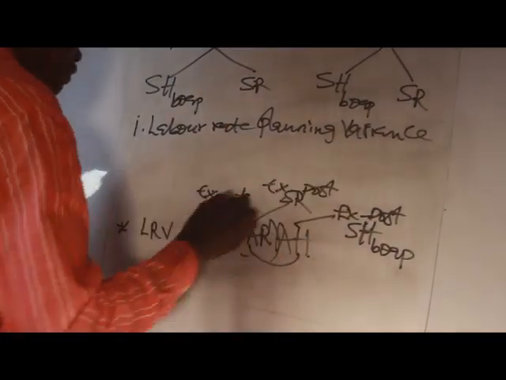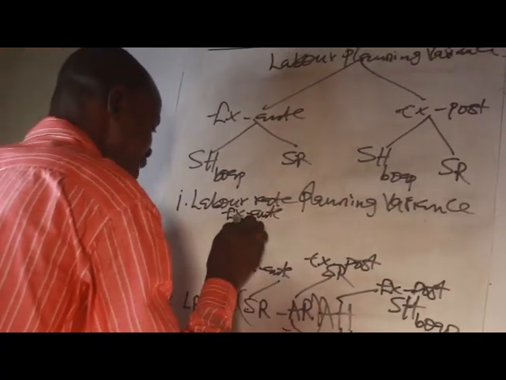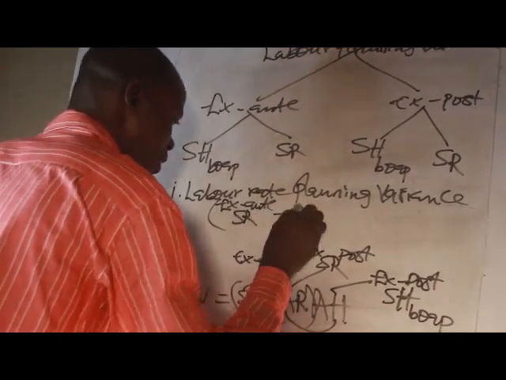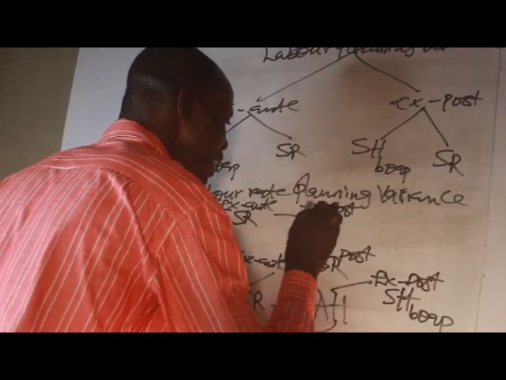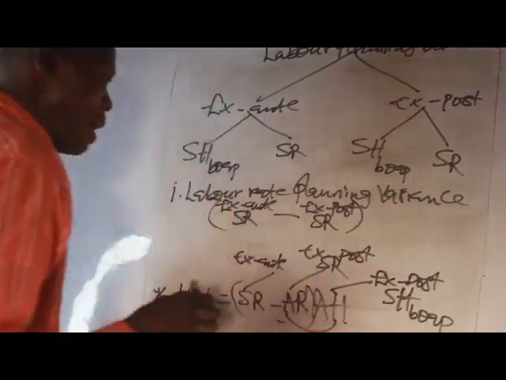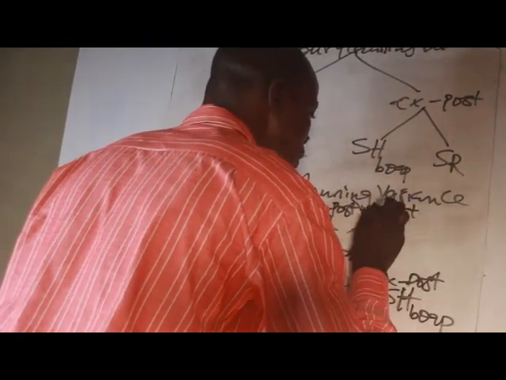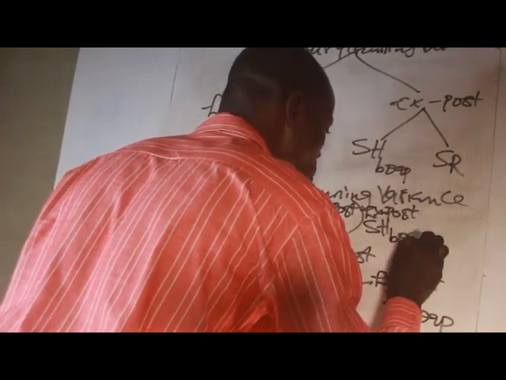Therefore, labor rate planning variance becomes ex ante standard rate minus ex post standard rate multiplied by ex post standard hours based on actual production.